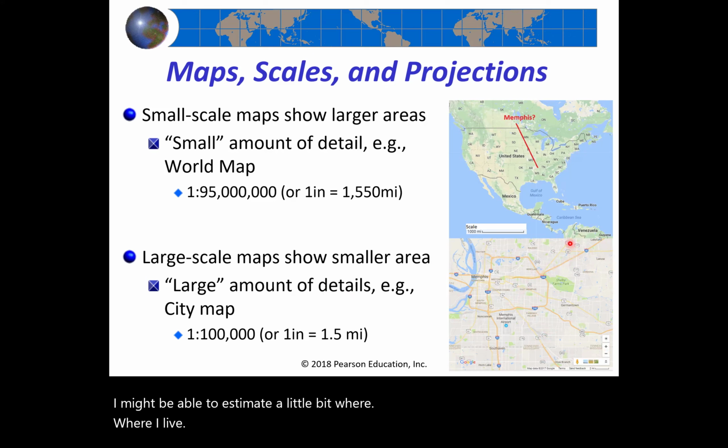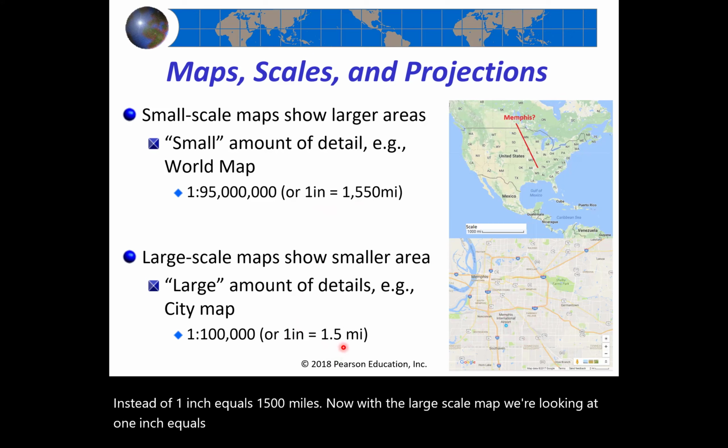But it is showing a smaller area than a world map or a map of North America here. The numbers for the scales are smaller. Instead of 1 inch equals 1,500 miles, now with the large scale map, we're looking at 1 inch equals about 1.5 miles.